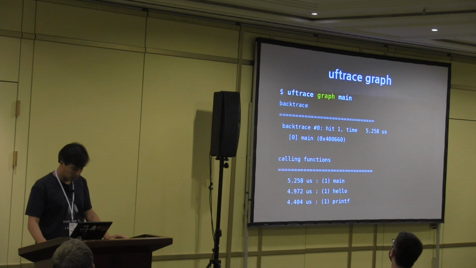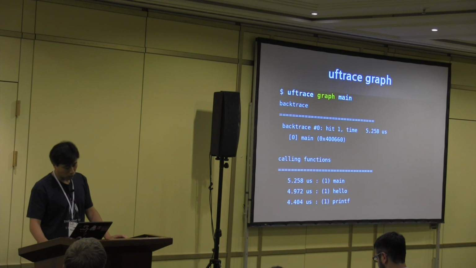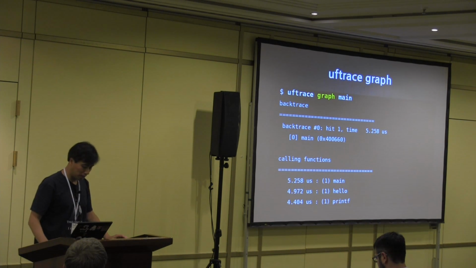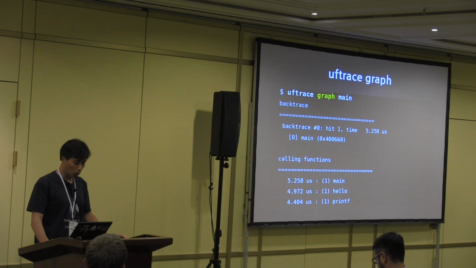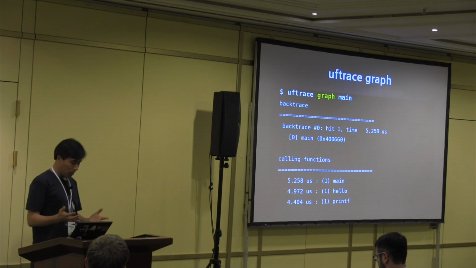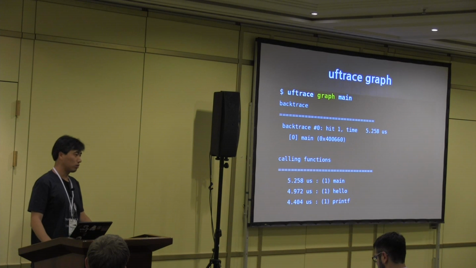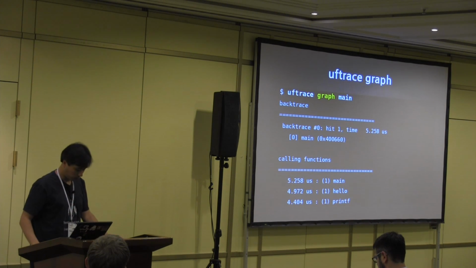So in this case, main is a top-level function, so there was no caller of main, and it calls the hello function, and the hello function calls printf, so it was printed in just a single line, since each function has just one caller. Okay. Anyway, if your program calls more than one function, it will have some branches in the output, showing what can be called from the function.